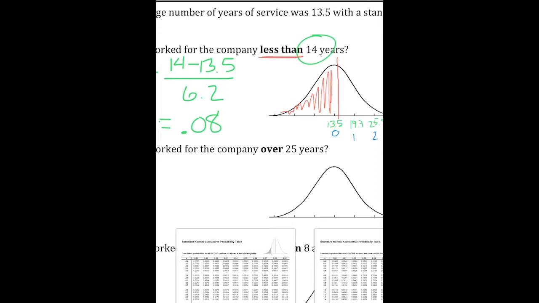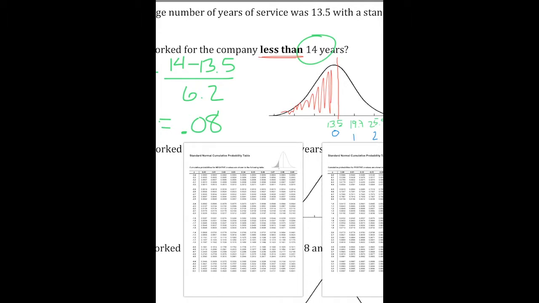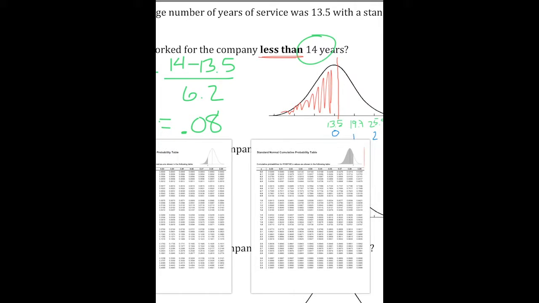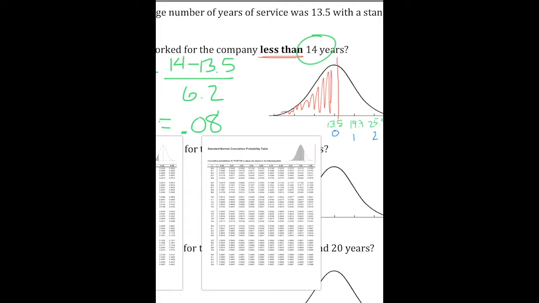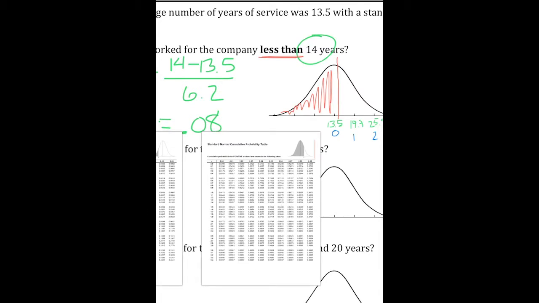Okay, so looking at our chart, your chart will have a negative side and it will have a positive side. We clearly want the positive side. We want 0.08. So looking at 0.08 on your chart, the very left values, everything over here, takes care of the ones and the tenths spot for your z-score.